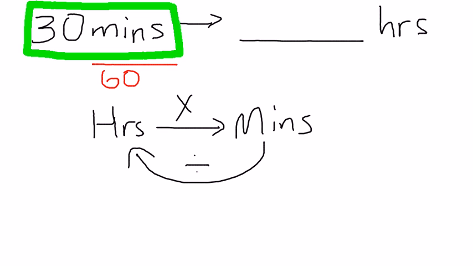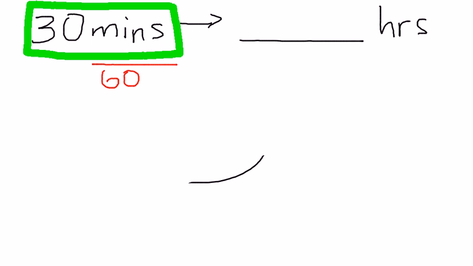Okay? So now it becomes very simple already. Okay, let's erase this part because we do not need it now. Using the second method, it is really simple. Since we draw the 60 below the minutes, all you have to do is to rewrite it so that it looks like this. 30 over 60.